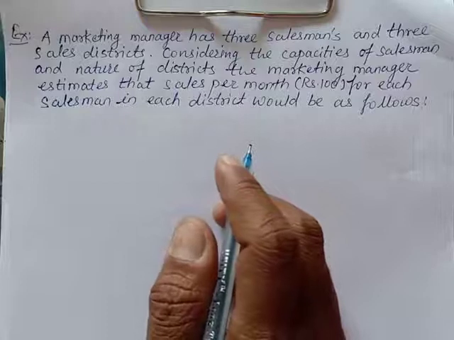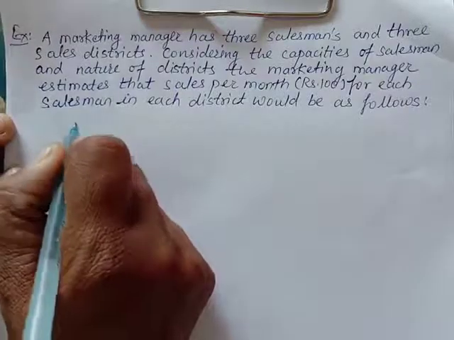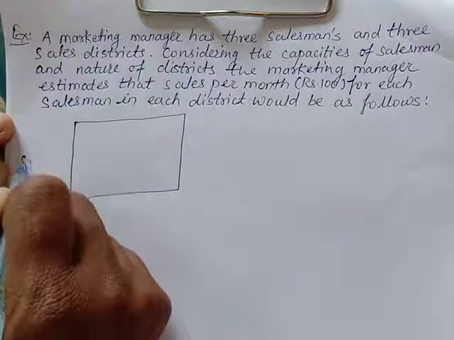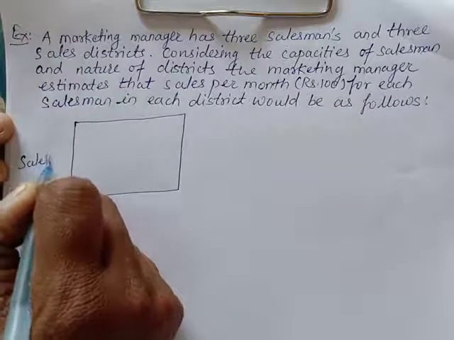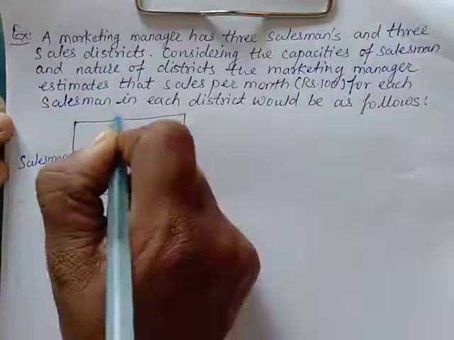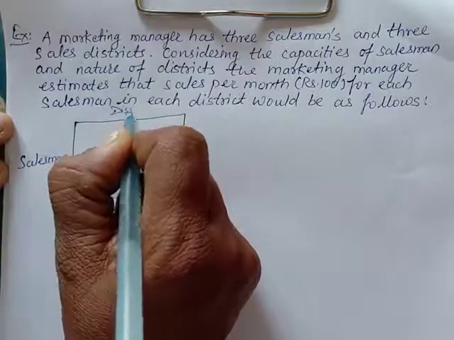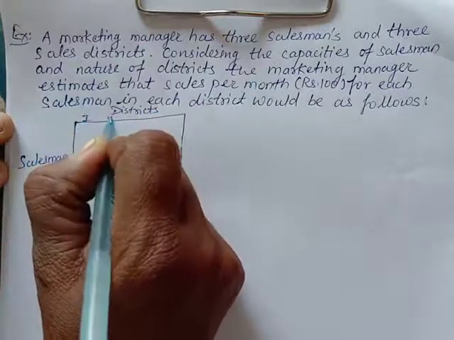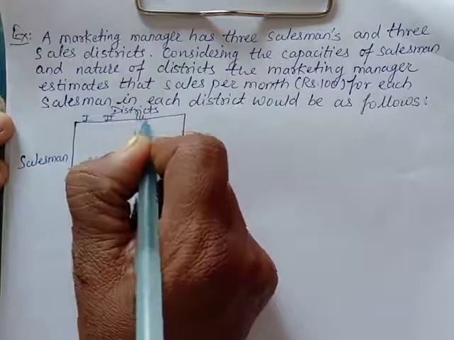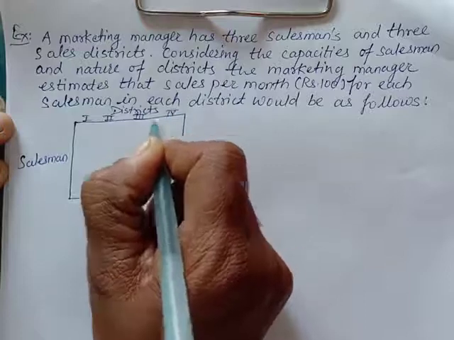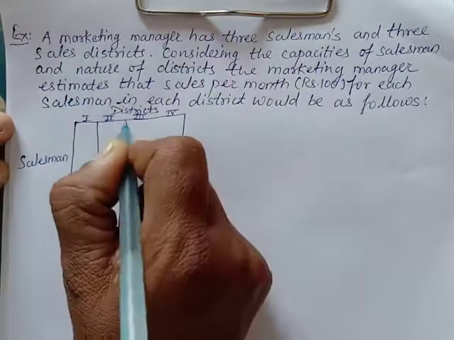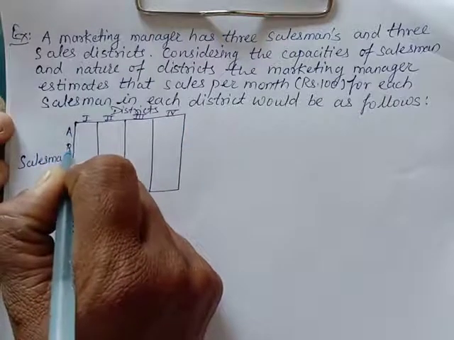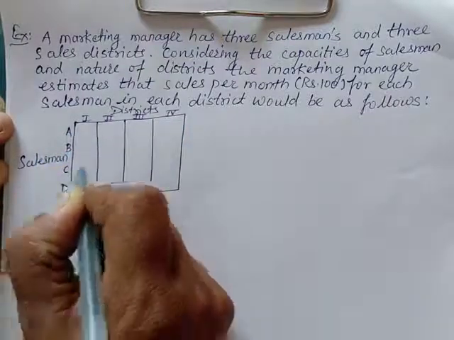Now here salesmen and here districts are given. So districts 1, 2, 3 and 4, salesmen A, B, C and D are given.